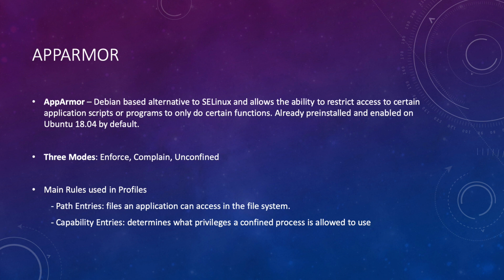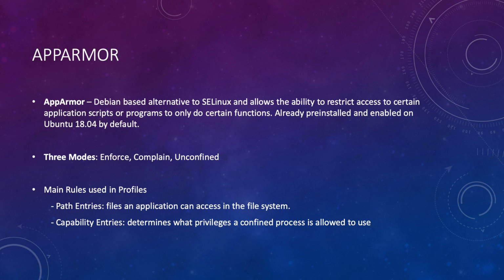AppArmor profiles can be in one of three modes, which are enforcement, complain, and unconfined. Profiles loaded in enforcement mode will end up enforcing the policy. So if a program tries to deviate in enforce mode and jump outside of what it is allowed to do, it will be denied.